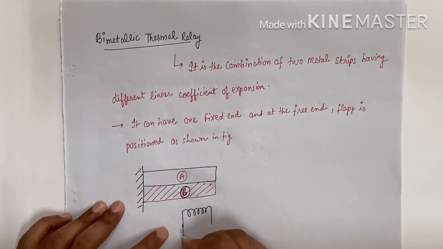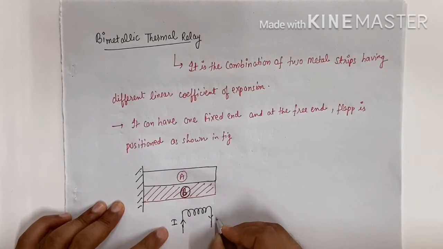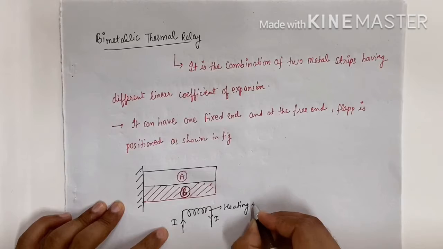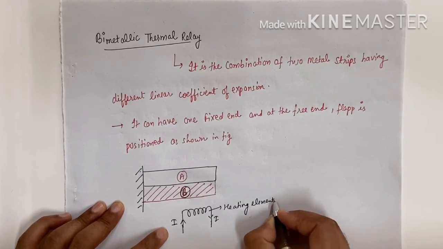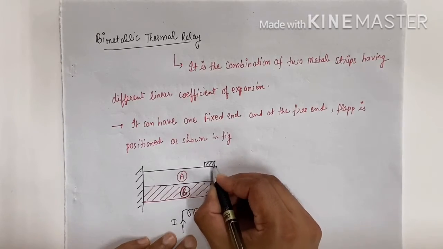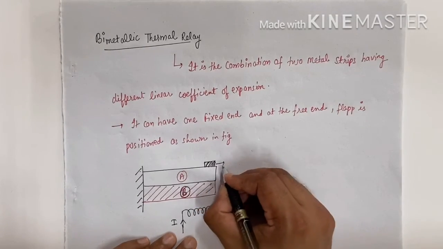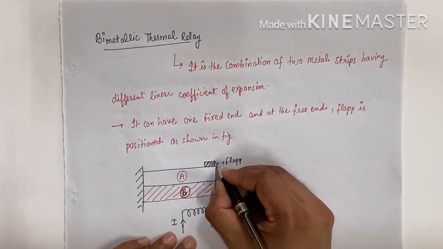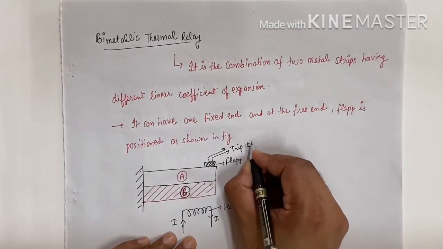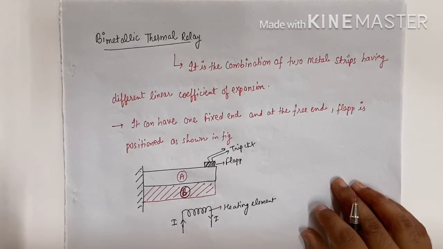In this we can consider current I. After that there is attached a flap. This flap goes to the trip circuit. So this is the construction of bimetallic thermal relay.